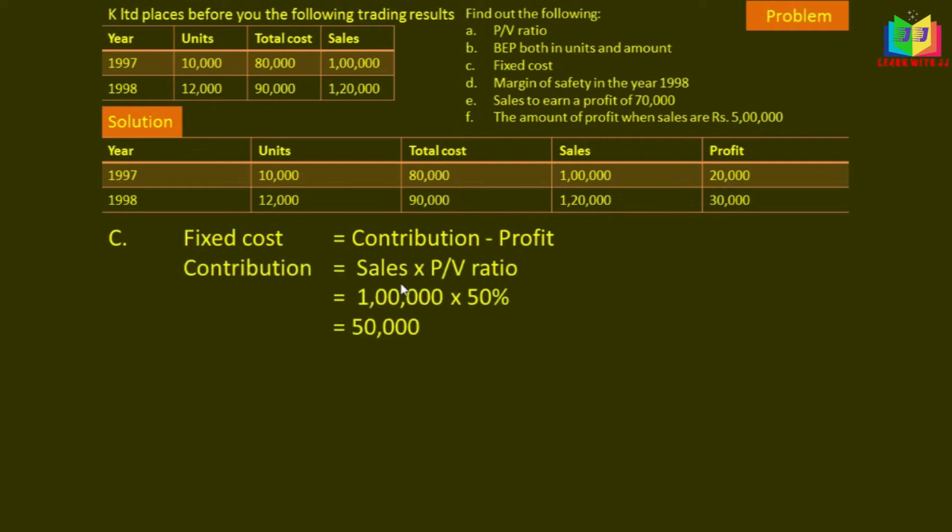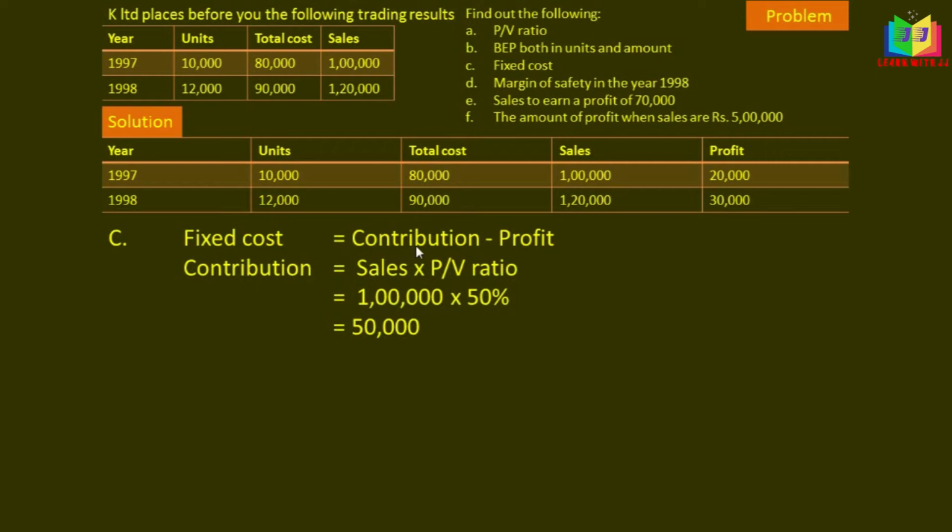Contribution is nothing but sales into PV ratio. Here we have sales for both the periods, that is for 97 and for 98. We can use any one of these. So 1997 sales is 1 lakh. So 1 lakh into PV ratio we found, that is 50%. If we do that, we'll get 50,000 as the contribution for 1997.